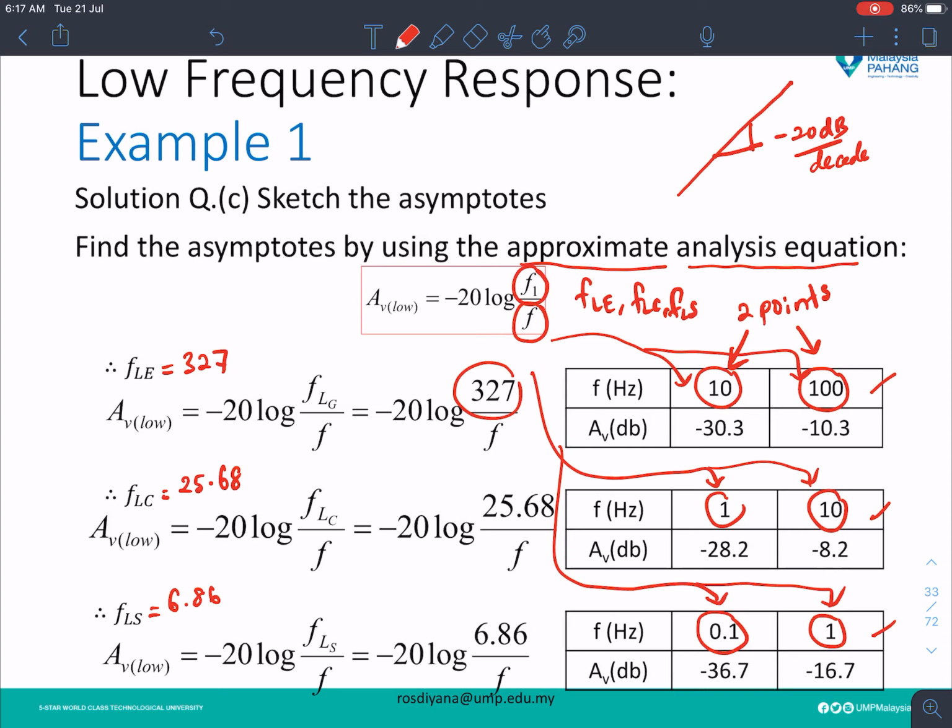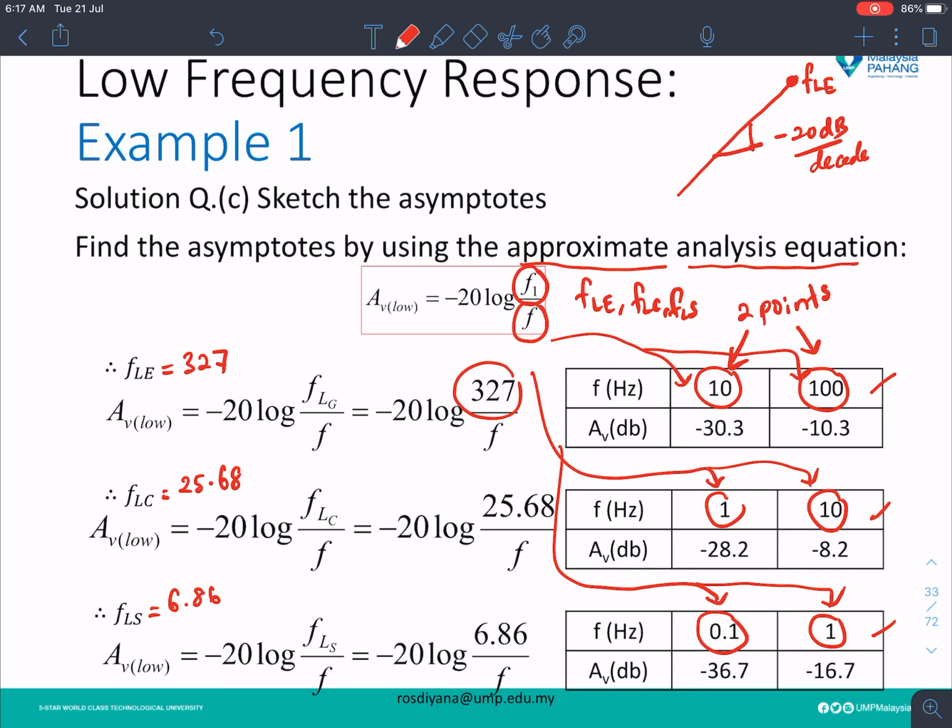The slope is like this. At this point, to draw the asymptote, this point is the actual frequency that we get if this is the FLE.